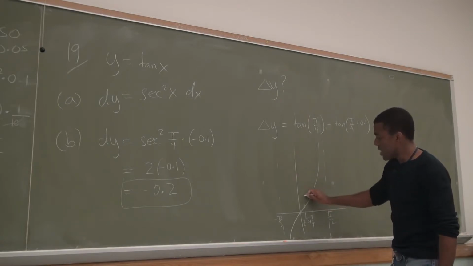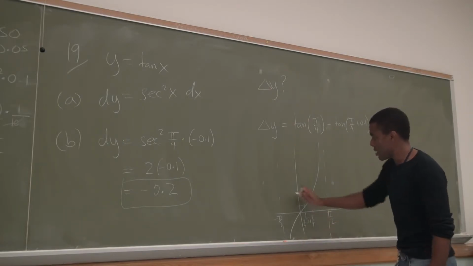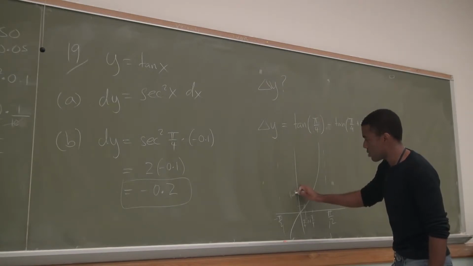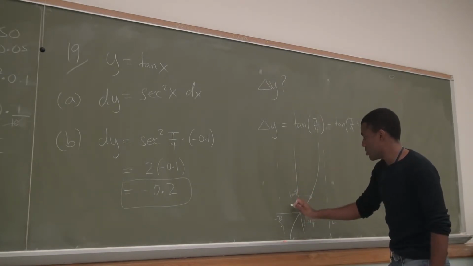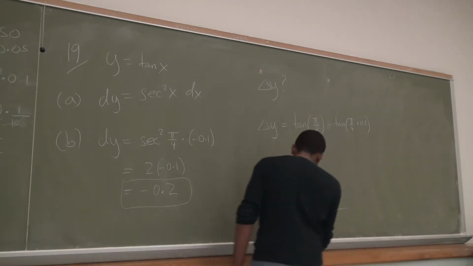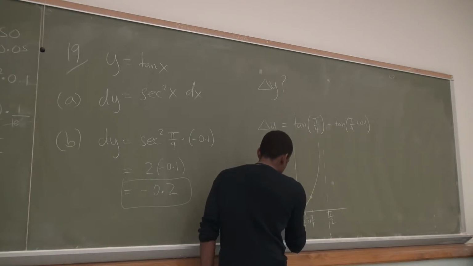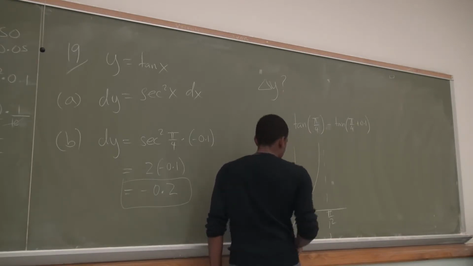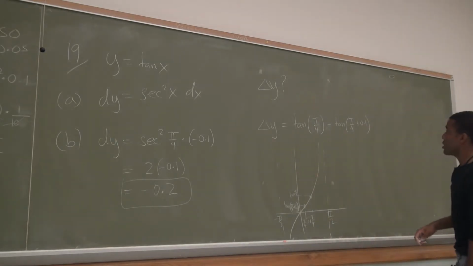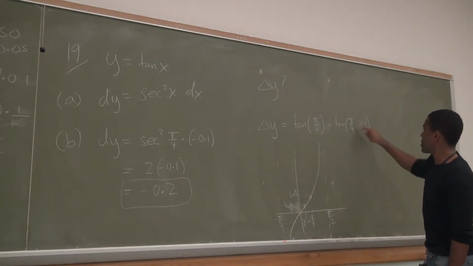You want to know the actual change in the y values. Well, it's going to be tangent of pi over 4 minus tangent of pi over 4 minus 0.1.